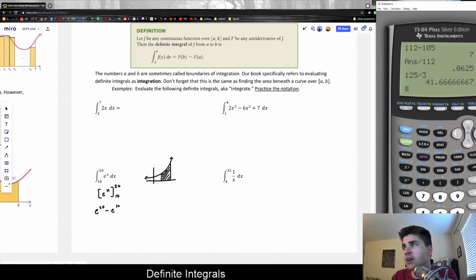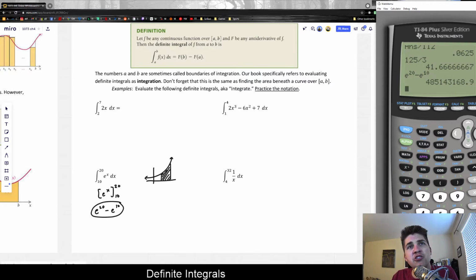But you could factor and so forth. Or, of course, we could do an approximation with the calculator. e to the 20th minus e to the 10th is a really, really large number. But it's probably okay to just leave it as an exact answer, or even factor it.